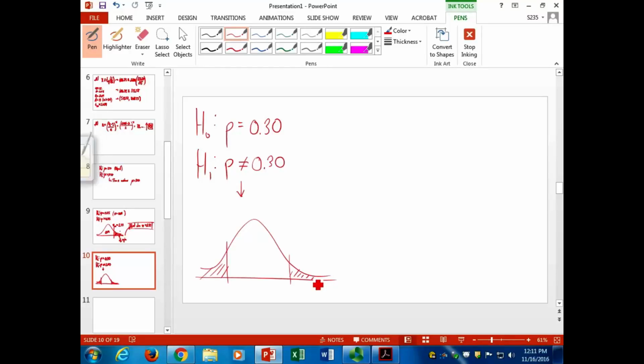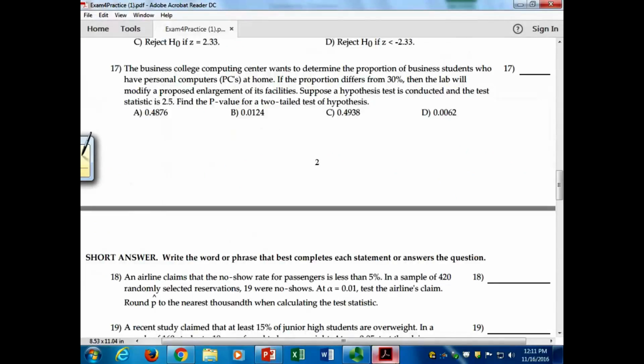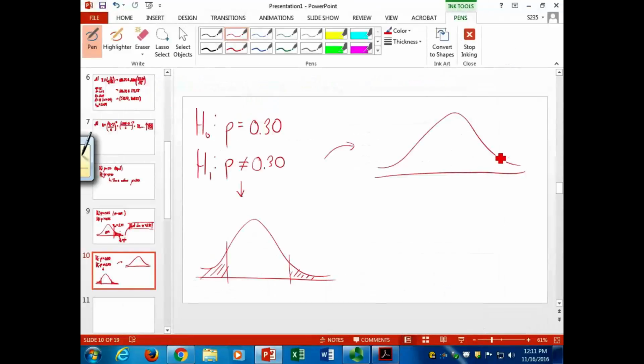But if you're going to do a p-value approach, they said the test statistic was what? 2.5. So if it was a one-sided test, the p-value would just be this probability up here. But in a two-tailed test, we actually have to double our p-value.